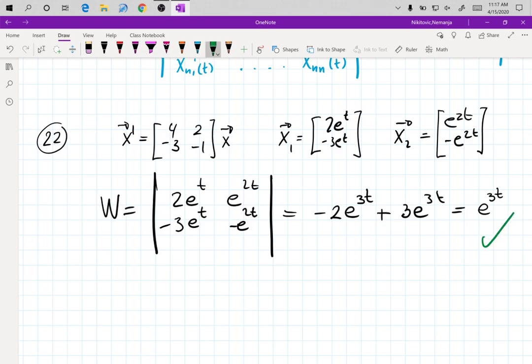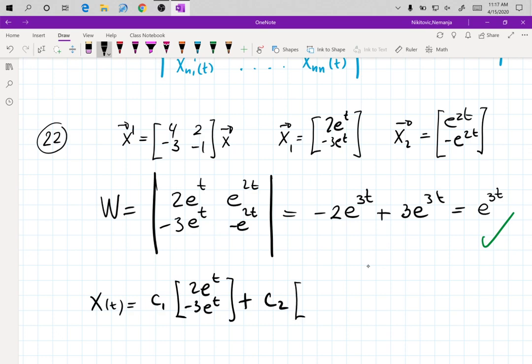We don't have to do any of the pre-multiplying with x or anything like that. No repeated solutions. And we can write our solution. Now is a good time to write x of t as C1 times the column vector 2e to the t, -3e to the t, plus C2 times the column vector e to the 2t, -e to the 2t.